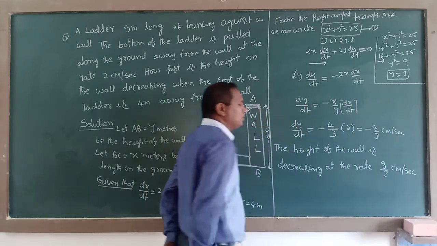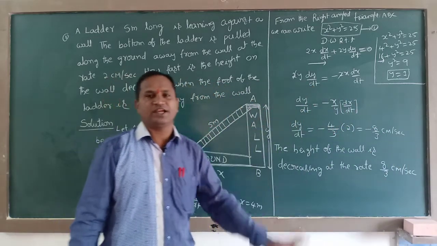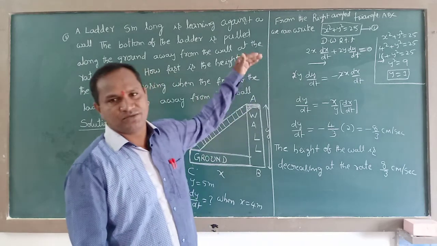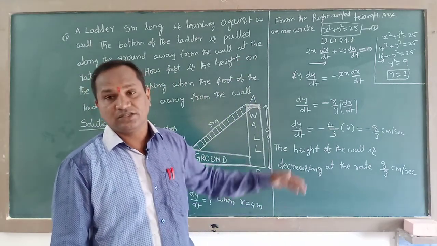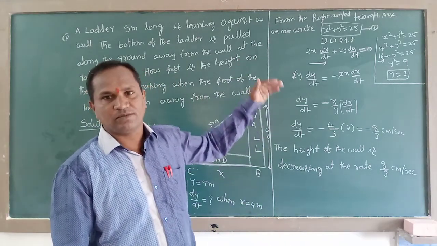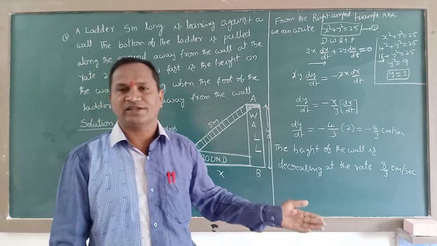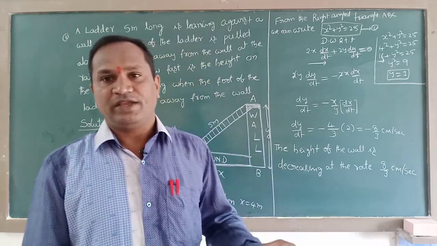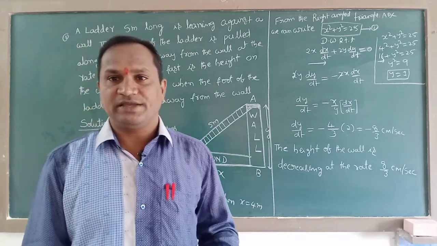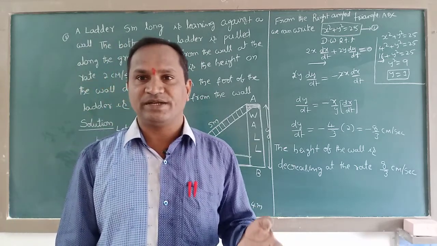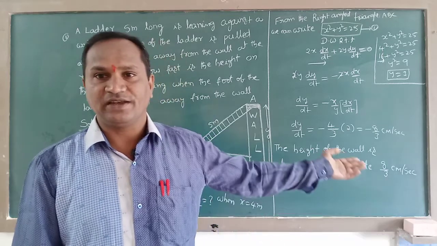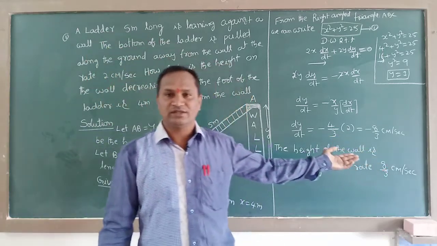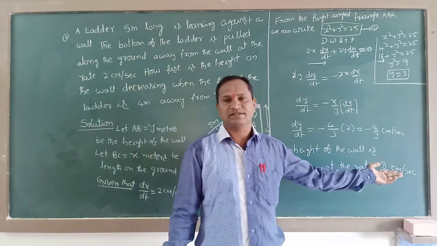Because we should not write minus. And firstly, I told also, if it will come down, means the top of the ladder will come down, automatically definitely we can tell the height of the wall is decreasing. In the words of decreasing, definitely the answer should come in terms of negative. That's why finally also we got the answer negative, that is minus 8/3 centimeter per second.